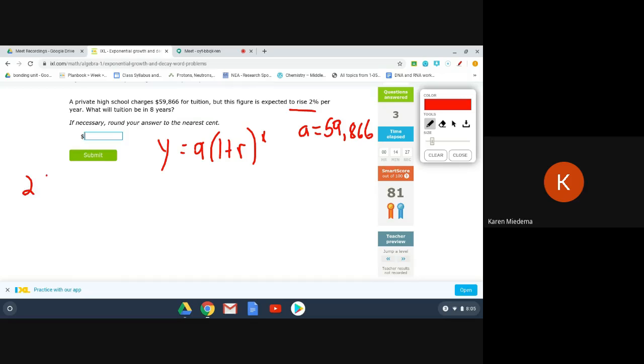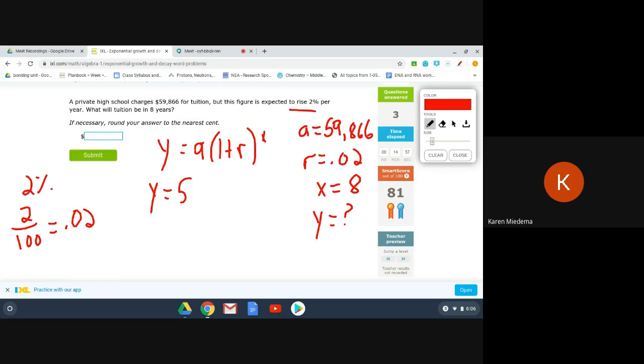So to write 2% as a decimal, you divide 2 by 100. 2 divided by 100 is 0.02. So R is 0.02. What will tuition be in 8 years? Again, X is some kind of time interval, and we don't know what tuition will be. So that's what we're solving for. Okay, so we're solving for Y.